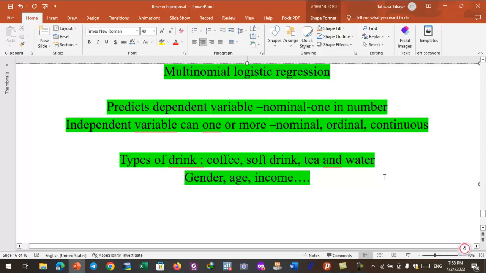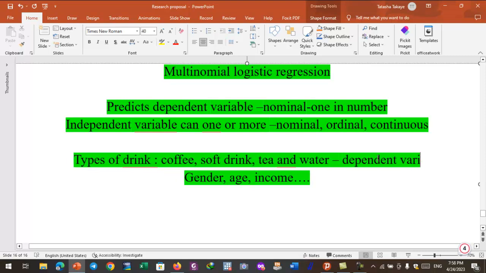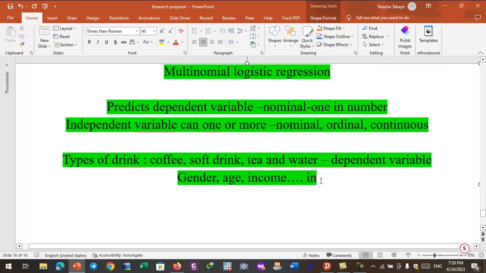We can have as many independent variables as we can, five or six. The dependent variable is the type of drink, and thus gender, age, and income of the respondent are independent variables.